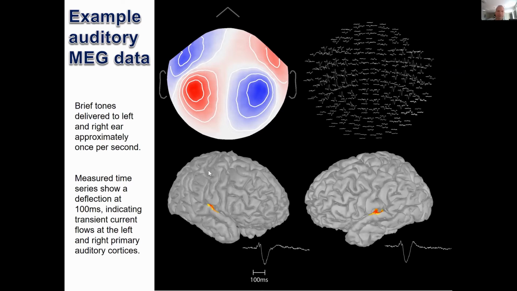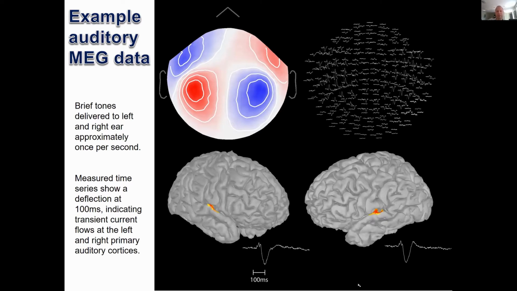You can see how from this topography we can end up reconstructing brain activity on the cortex, showing here highlighted, in both the right and left hemispheres, activation of the primary auditory cortex. This is the cortex that receives the signals before they're further processed in the brain.